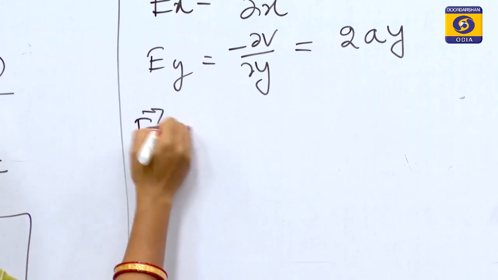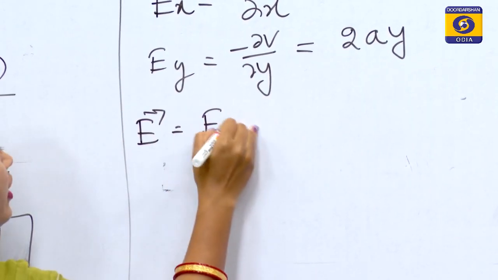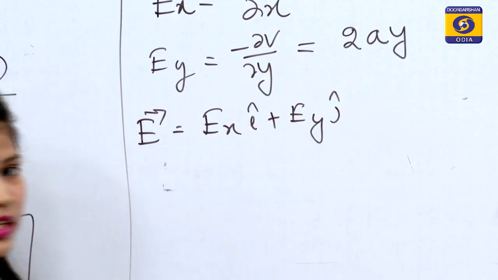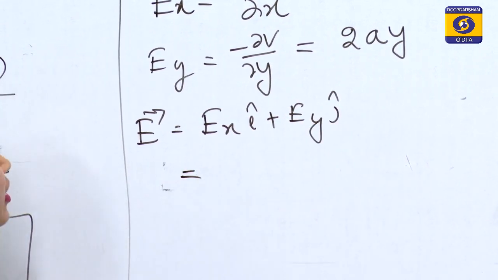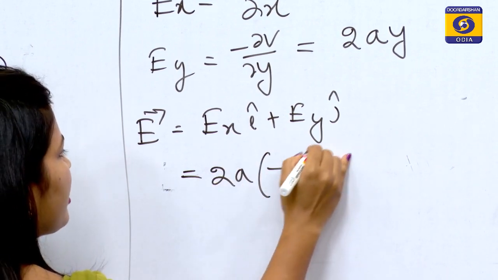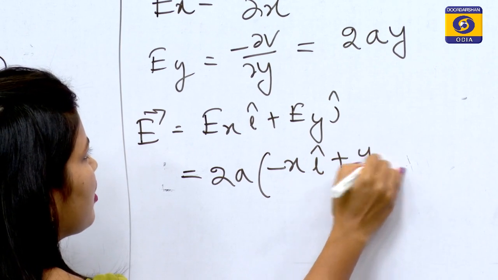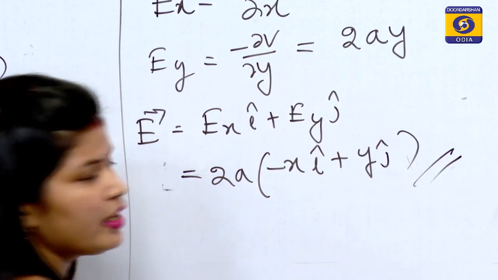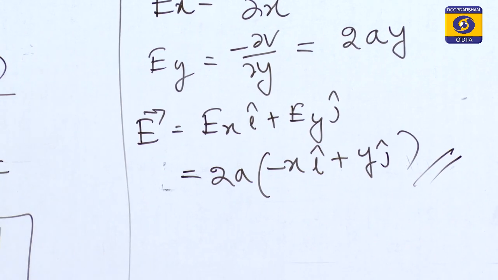So, electric field in the vector form is E x i cap plus E y j cap. That is why I will get 2A taking common, minus x i cap plus y j cap. This is the answer. Okay.